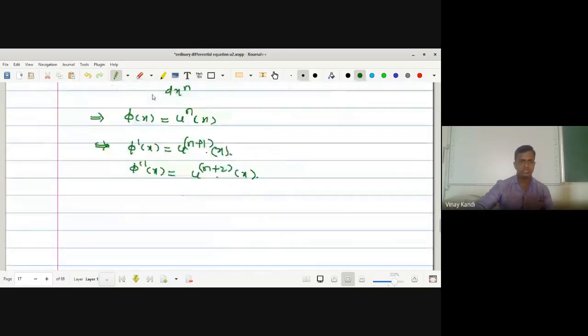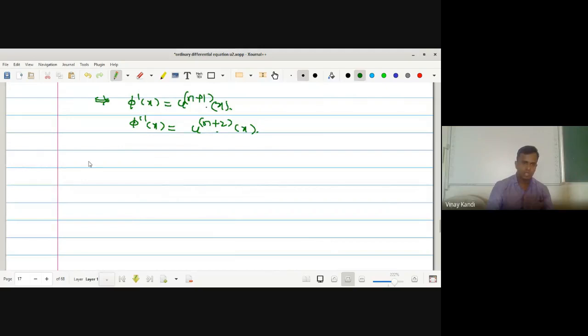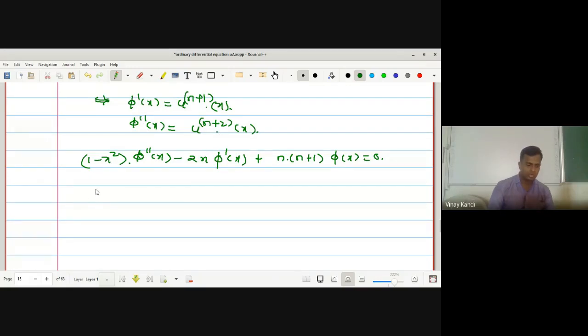If phi is the solution, then we can write 1 minus x square into phi double dash of x minus 2x phi dash of x plus n into n plus 1 of phi of x is equal to 0. But what is the value of phi, phi dash and phi double dash? So we can write this is equal to 0.